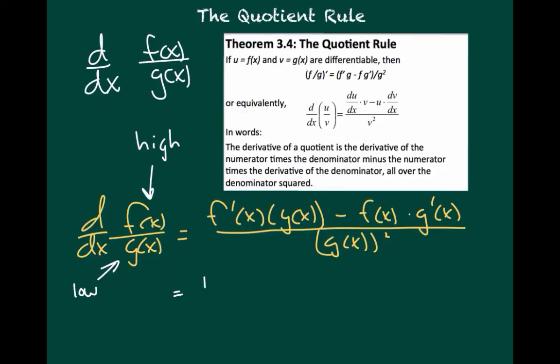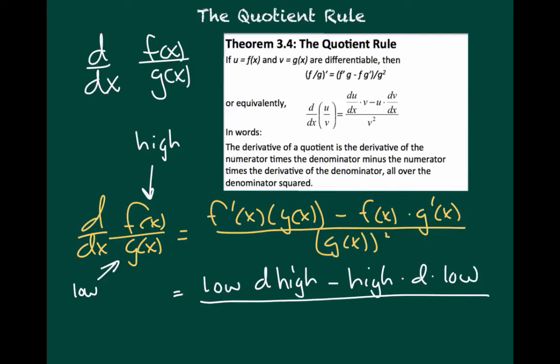It's low d high, and when we say d, we mean kind of derivative of the high, minus high d low, all over the square of what's below. So that's kind of low squared. And that's another way of representing the quotient rule. Low d high minus high d low over the square of what's below. I probably say it every time I do the quotient rule.